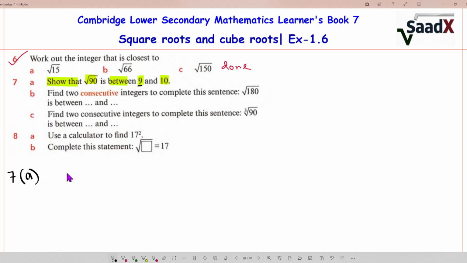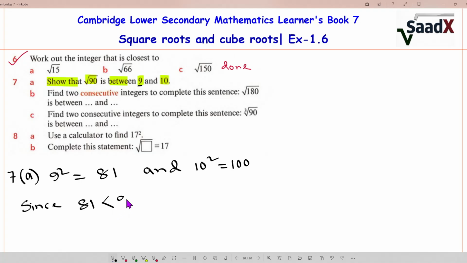If we make a square, 9 square means what? 81, and 10 square means 100, right? Since 81 is less than 90 and 90 is less than 100, we can say 90 is between 81 and 100.